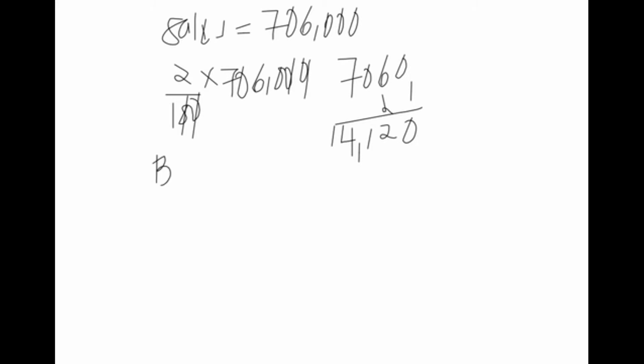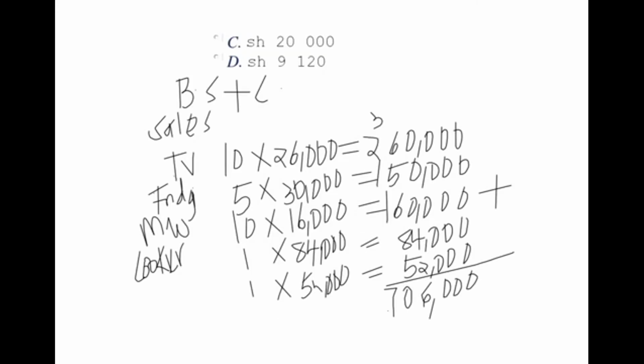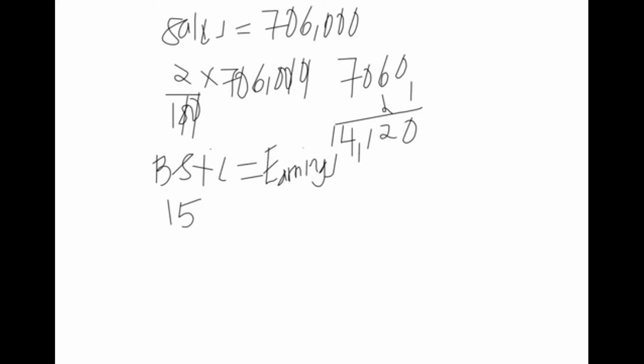So basic salary plus commissions will give us the total earnings. So we have basic salary was 15,000 plus the commissions, which is 14,120.